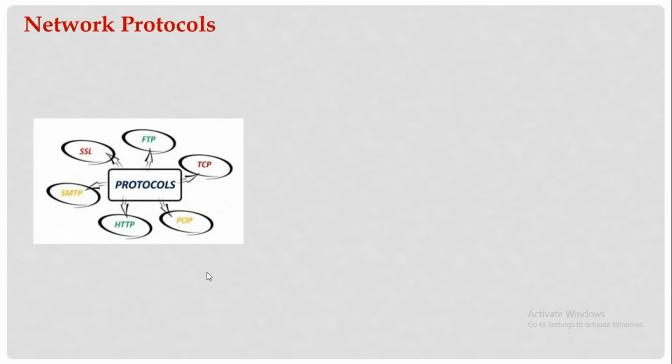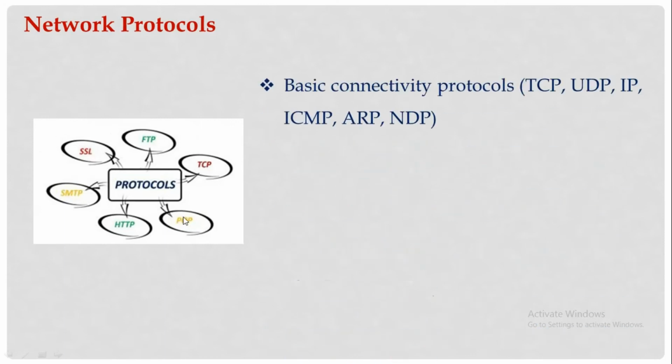So next are the network protocols. As I told you already, protocols are a set of rules and regulations followed in order to transmit information from one system to another. From this diagram we can see that there are many different protocols available.